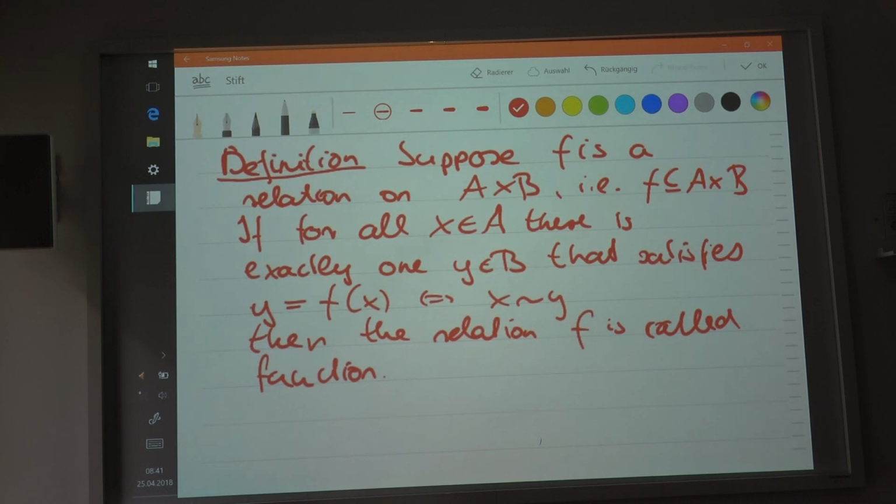So in that case, x is related to y if and only if y is equal to so-called f of x. So y is called the image. Here x is called the argument of the function.